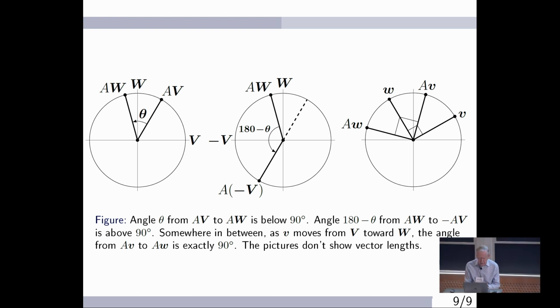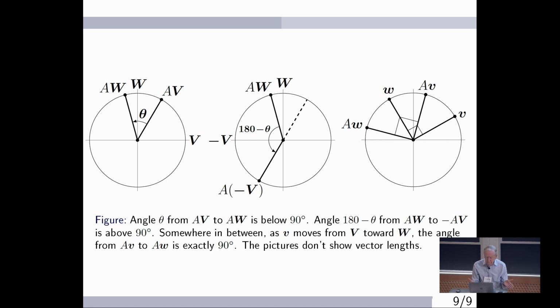We have to accept that, and we're still looking. So now try W and minus V, that is 0, 1 and minus 1, 0. W still goes to the same Aw, and minus V goes to minus Av. And you see the angle, which was theta in the first picture, is pi minus theta in the second picture.